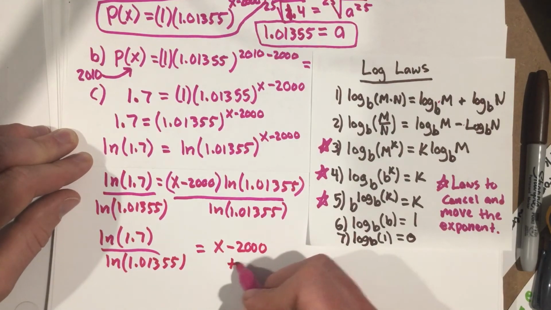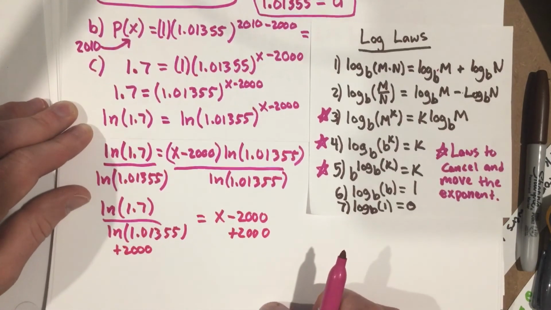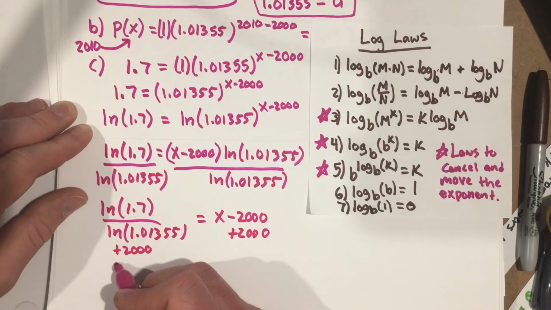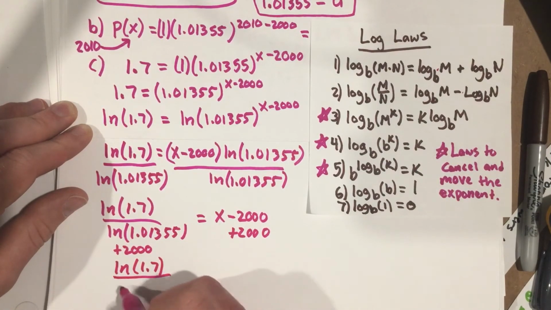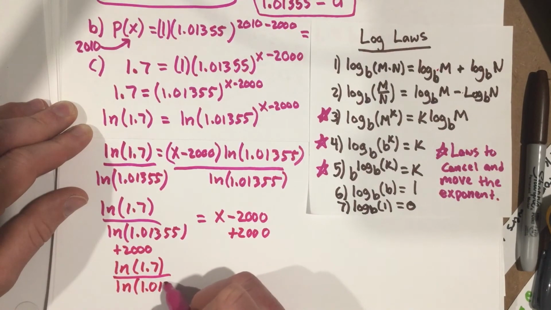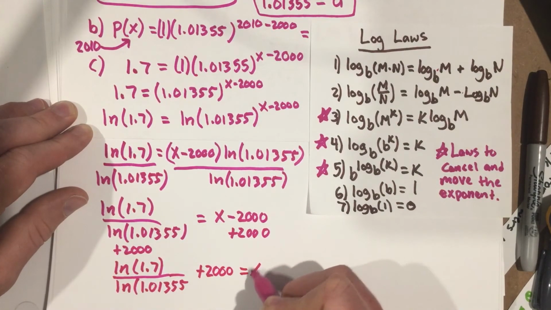Last step is to add 2000 to each side. And when we add 2000 to each side, we get natural log 1.7 over natural log 1.01355 plus 2000 equals x.